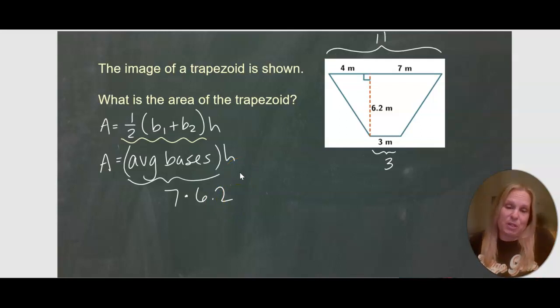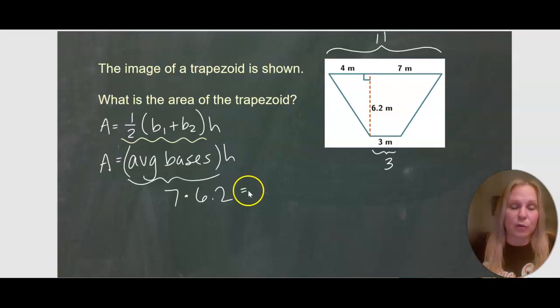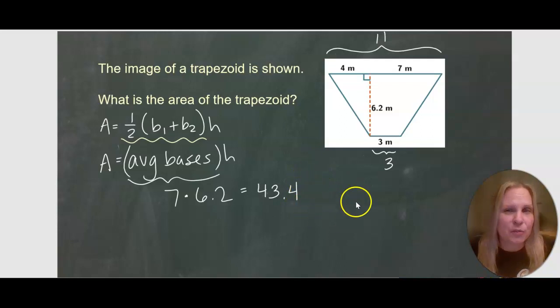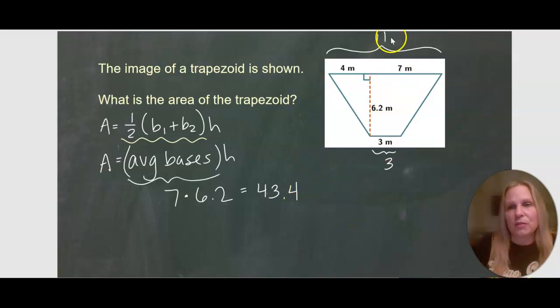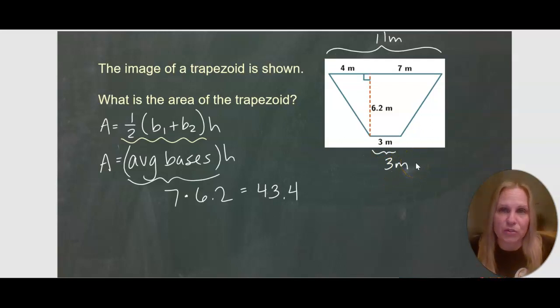And now this becomes a calculator problem, right? So now I'm going to do 7 times 6.2, and I get 43.4, and my units are very important here. Notice for length, my unit is meters.